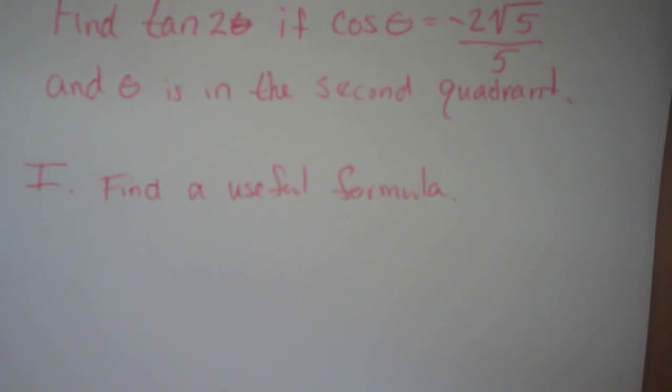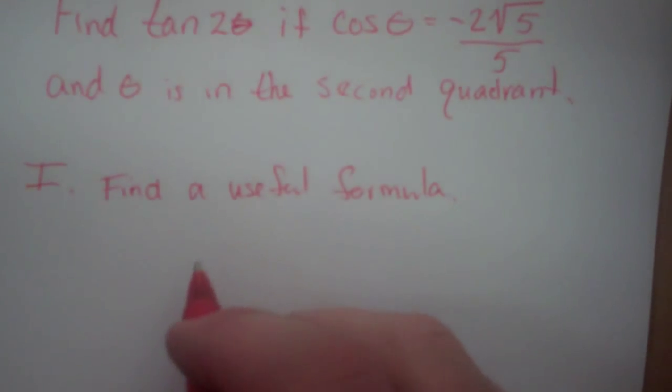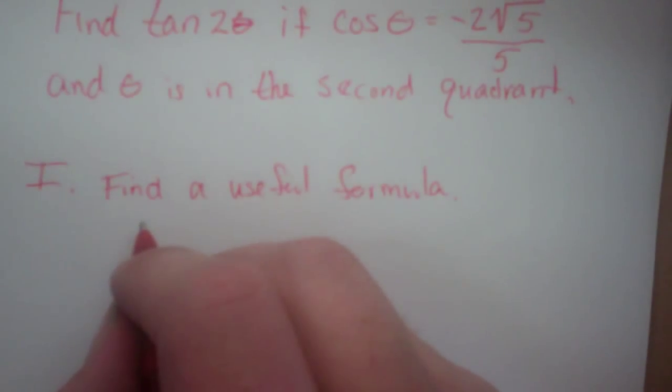It says the tangent of 2a is equal to 2 times the tangent of a all over 1 minus tangent squared a. Good. So I'm going to write down that formula here so it's easier for you to see.